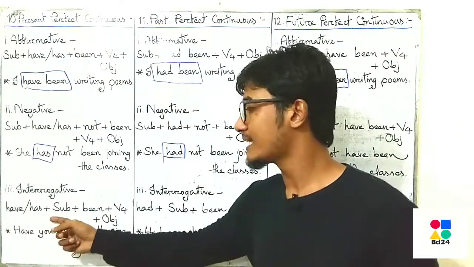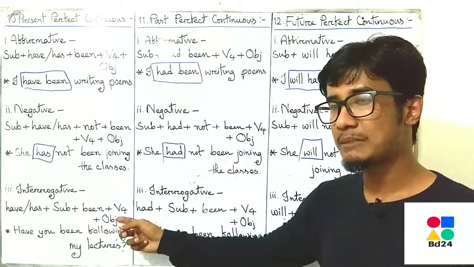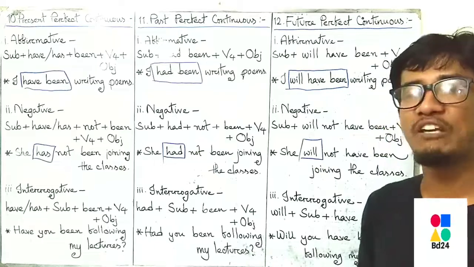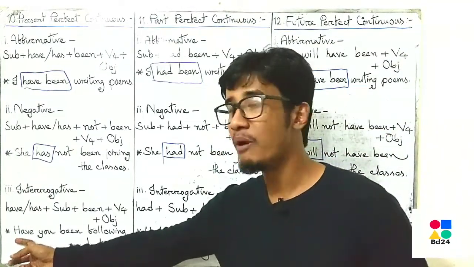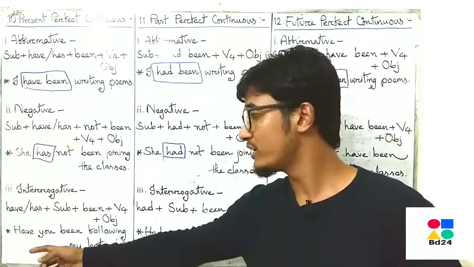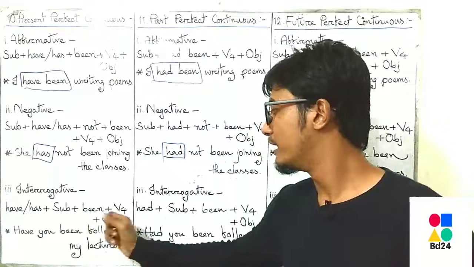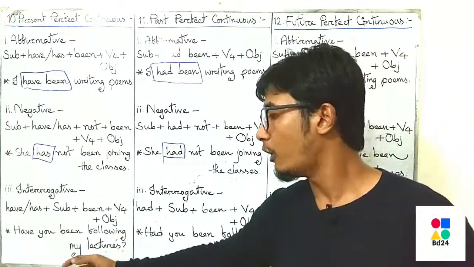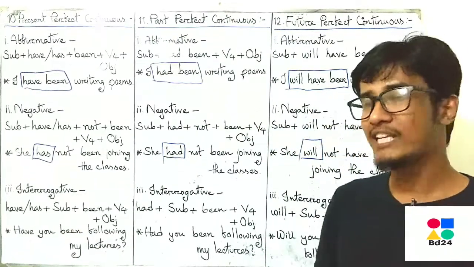Auxiliary verb, subject, been, and then V4, present participle form of a verb, and finally an object. So let me give you the examples. First of all, auxiliary verb, have, then subject, you. Have you, then been. Have you been, then V4, following. Have you been following, object, my lectures. Have you been following my lectures?